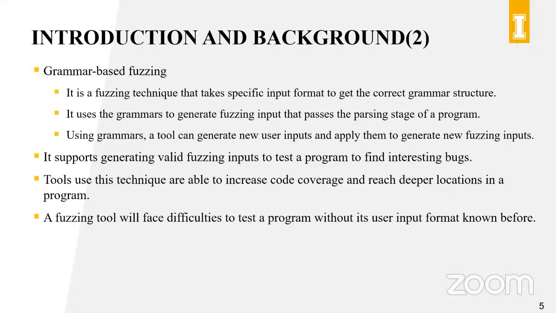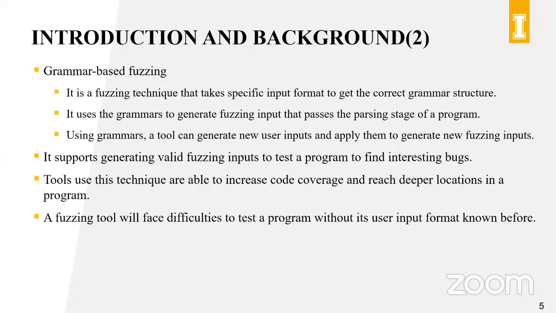Then we test programs by, for example, getting 10,000 fuzzing inputs and inserting them into the program, trying to find any vulnerability or maybe crash the program. Then the tester will know there is a bug or security issue in the program.